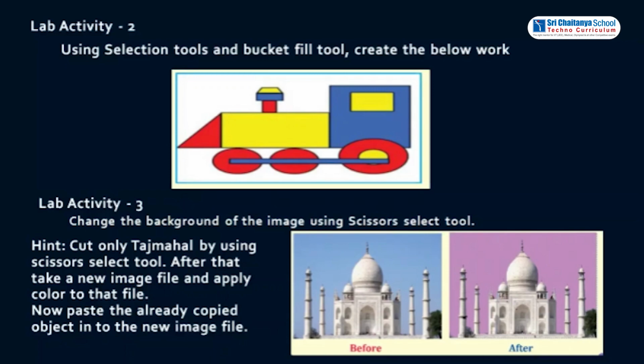An elliptical selection tool can be used to draw your wheels of the train. We can assume this particular shape as a train. In that, the rectangular areas can be done by using your rectangular selection tool, and the elliptical selection area can be used to make the wheels.